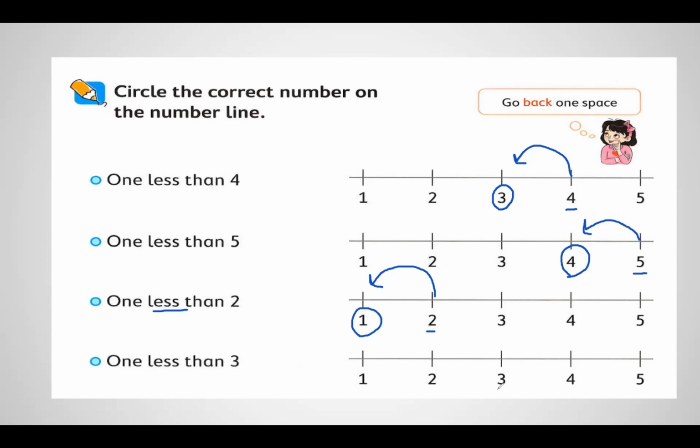What is less than 3? Less than means I'm going to go back to the smaller number. So it's 2. Okay? So don't forget, more than, go after; less than, go back.